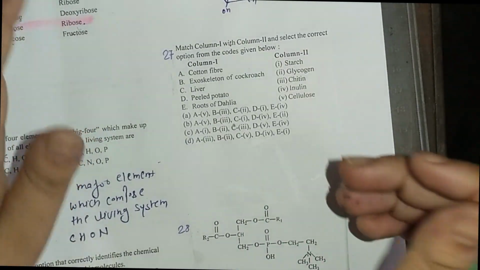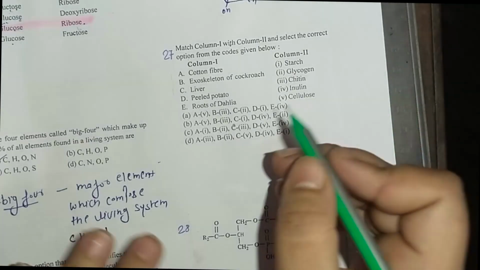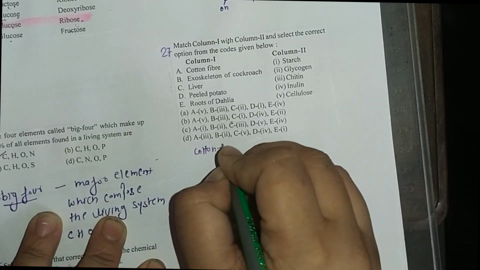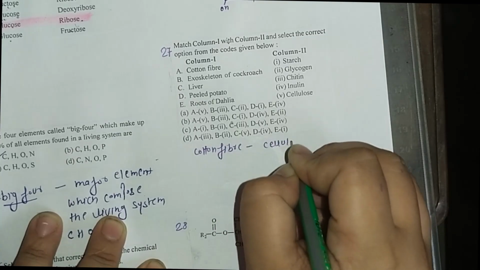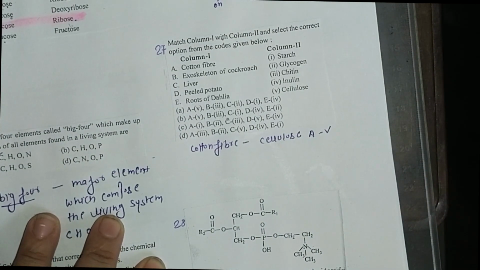Next, moving on to the next question. Match column 1 with column 2 and select the correct option. See, cotton fiber is made up of cellulose. So A with the fifth option.